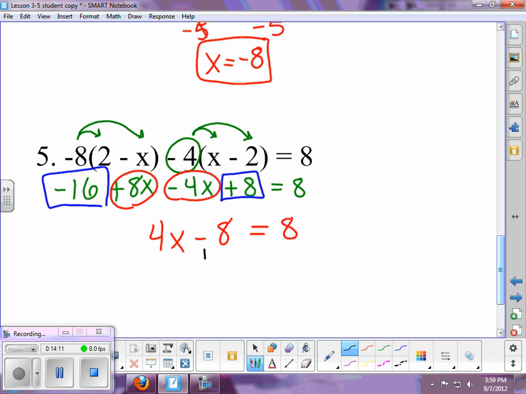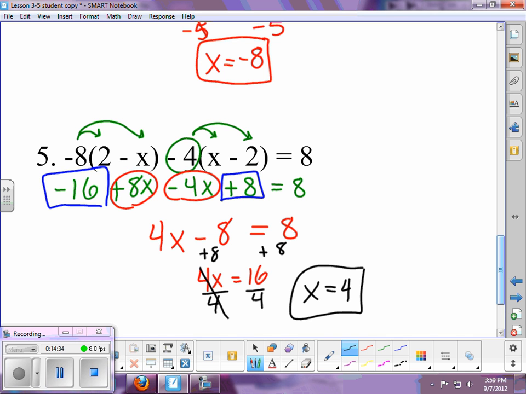Our next step is to add 8 to both sides, which results in 4x equals 16. Our last step would be divide by 4. 16 divided by 4 is 4. X is equal to 4.